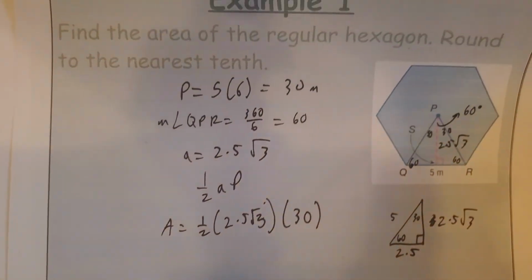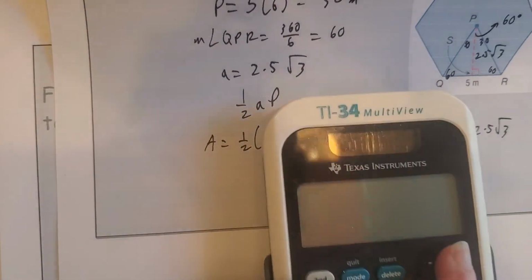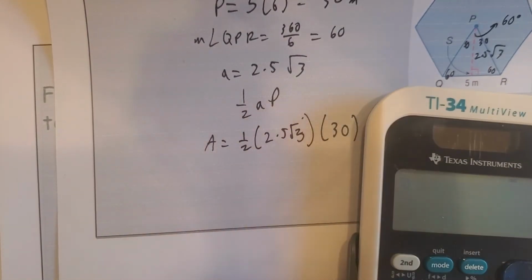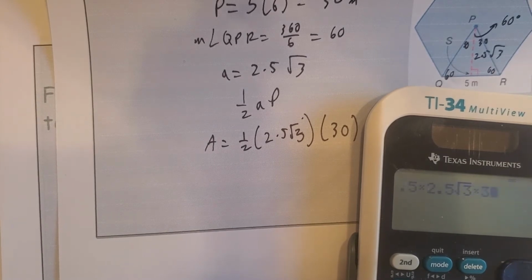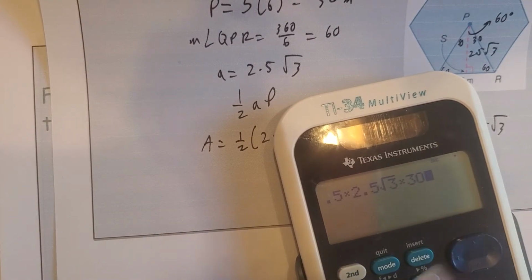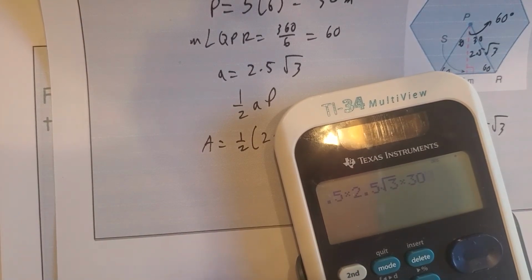It does say round to the nearest tenth, so I'm just going to plug all of this into my calculator and then round it off. So 0.5 times 2.5 root 3 times 30. Make sure you hit that right arrow so you get out of the radical if you're plugging all this in your calculator.